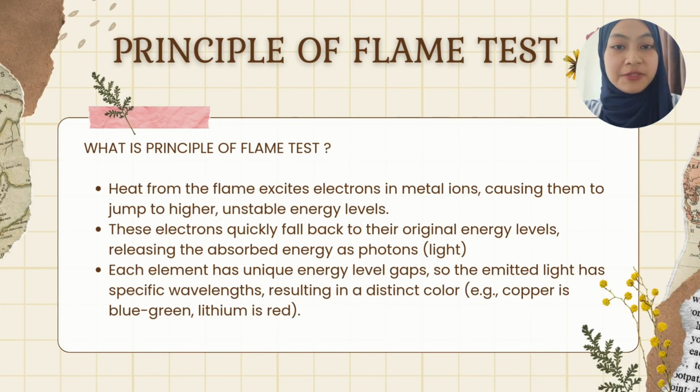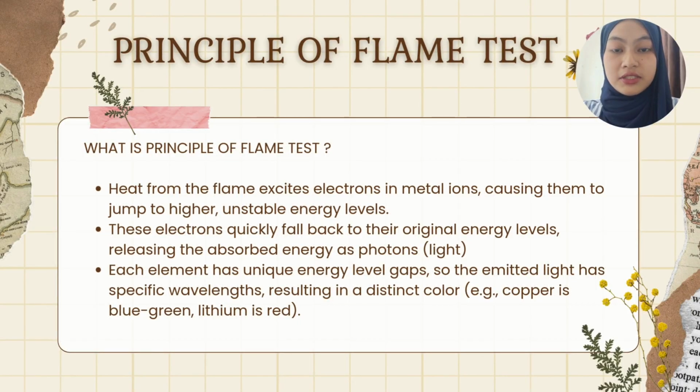What about the principle of the flame test? The principle of the flame test is based on electron excitation. When a metal ion is heated in a flame, the electrons absorb energy and become excited, causing them to move to higher, unstable energy levels.